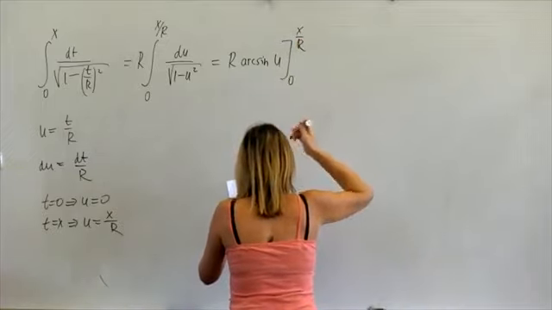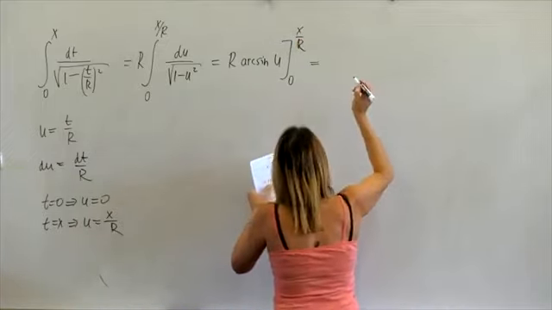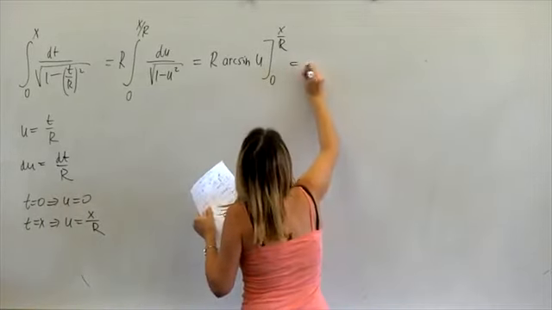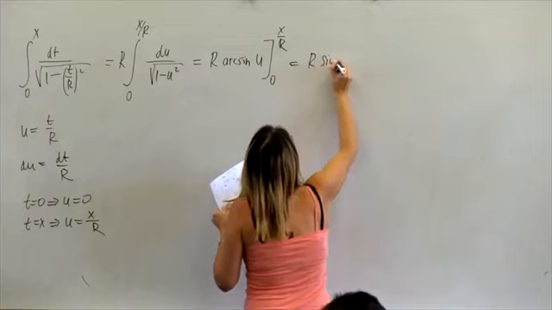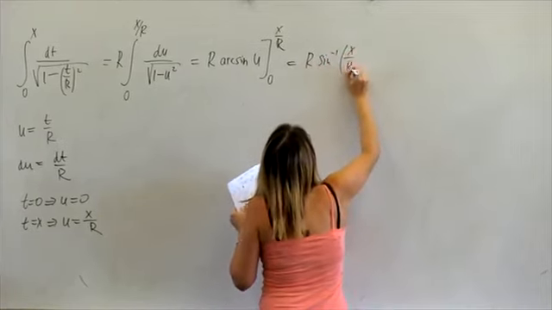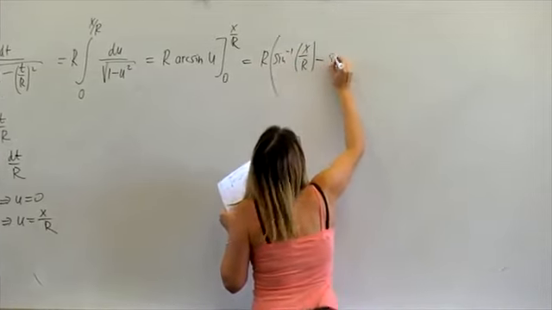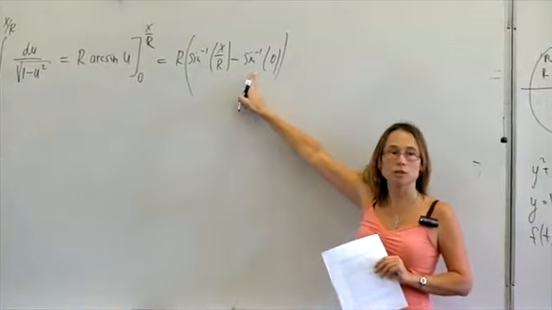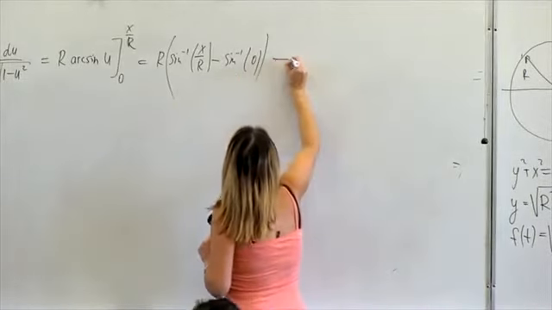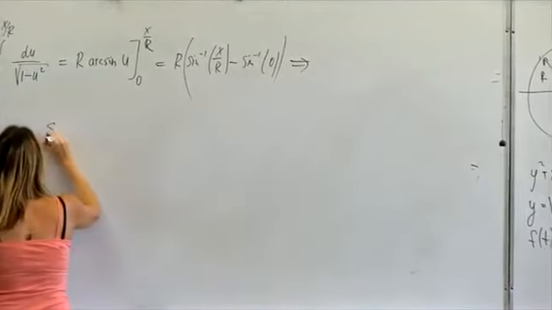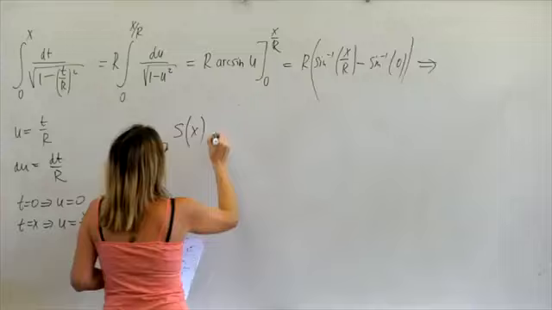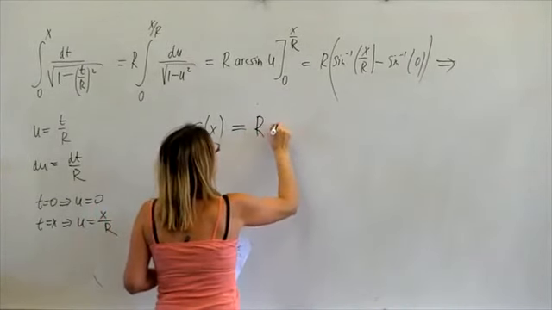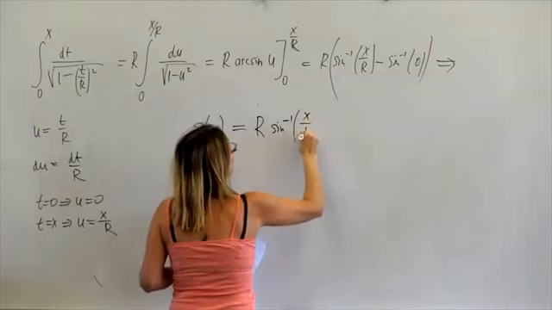Well, almost done. So we can say that this is equal to r sine minus 1 of x over r minus sine minus 1 of 0. What is the arc sine of 0? Is 0, right? Therefore, we can say that the arc length function s of x is given by r sine minus 1 of x over r.